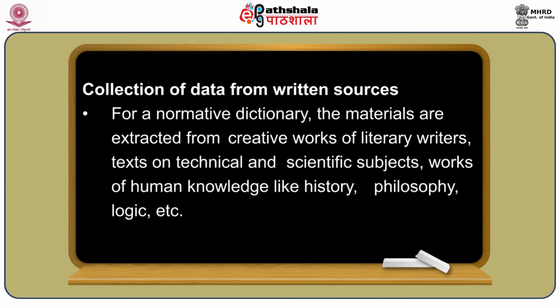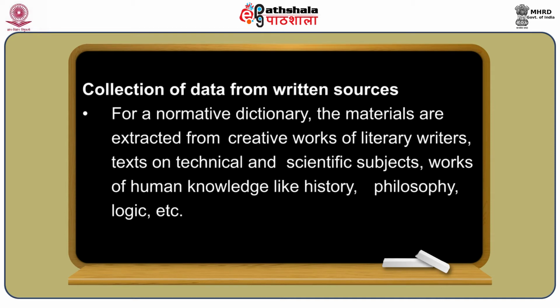Collection of data from written sources. In the case of dictionaries of written languages, the source material for a normative dictionary differs from that of a reference dictionary. For a bilingual dictionary, generally an existing monolingual dictionary is taken as the source material.